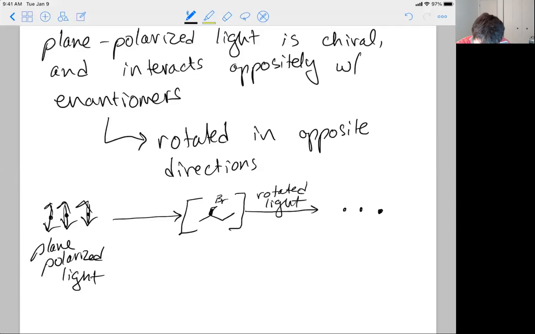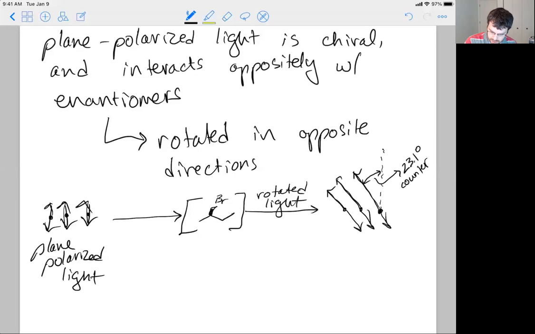Now what's going to happen is we're going to see the light waves turned a little bit. And if we measured the angle of the turn, it would be about 23.1 degrees counterclockwise.